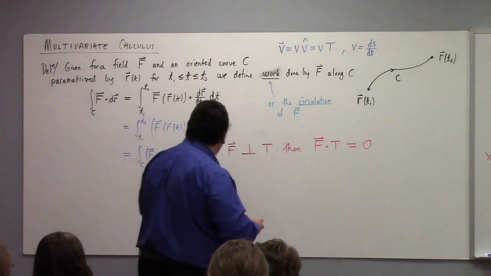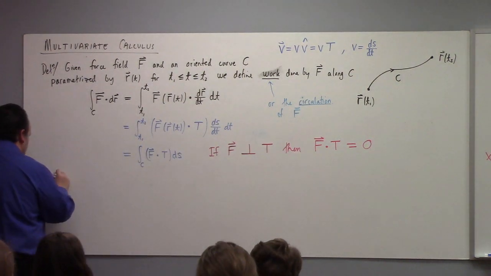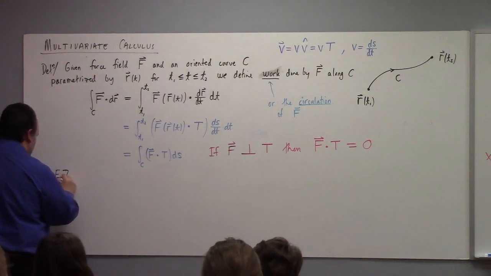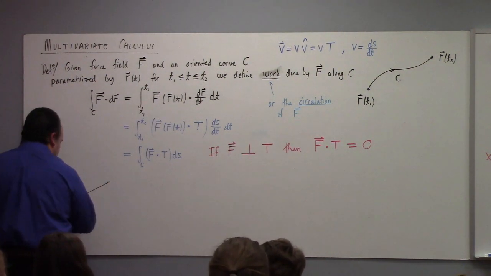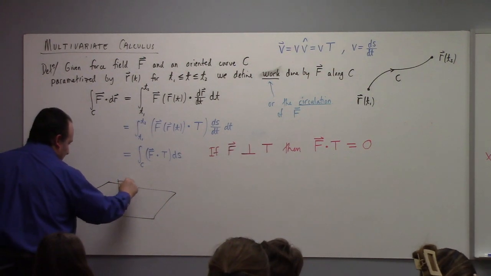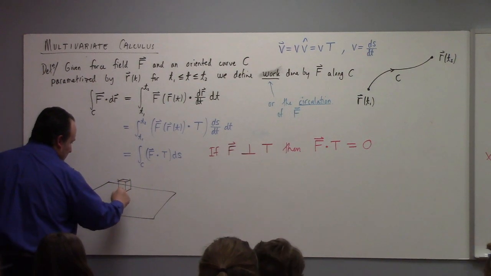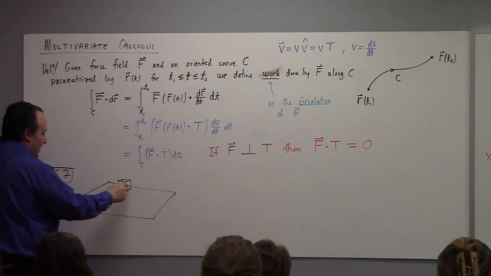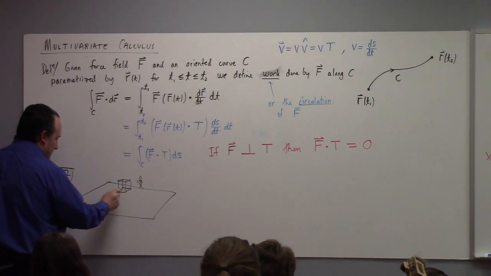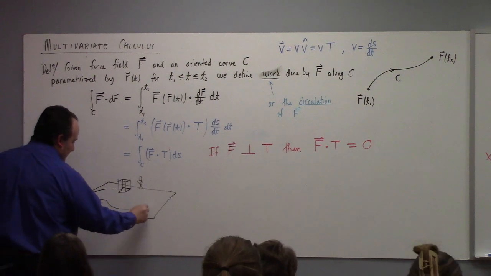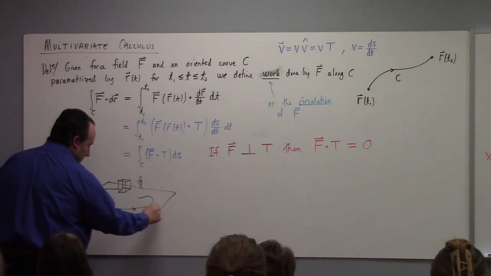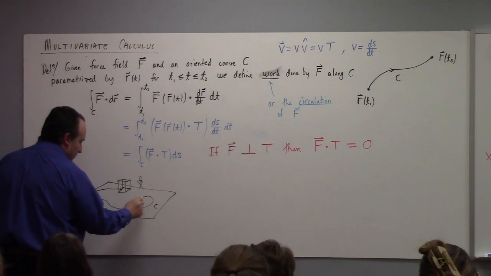If I can draw a picture here. So, example 7. Here's a plane. That's supposed to be a plane. And if we think about a box, and Mr. Top Hat perhaps is pushing the box around, and the box travels some path, which we'll call C. It starts at this point, ends at that point.